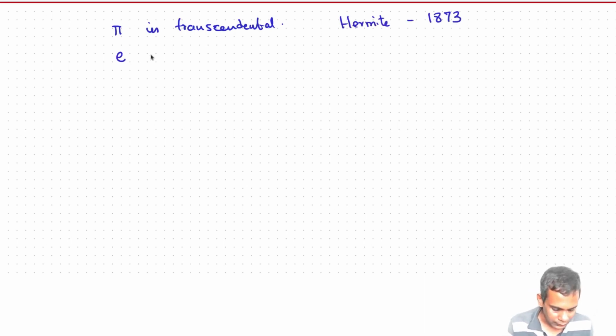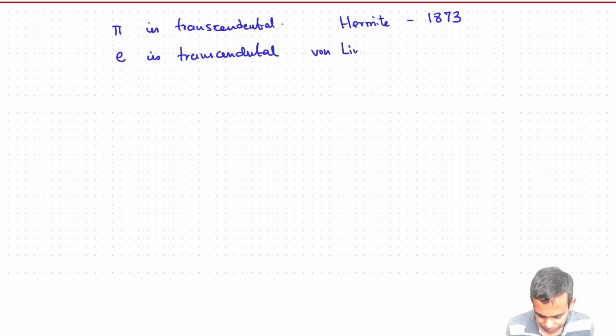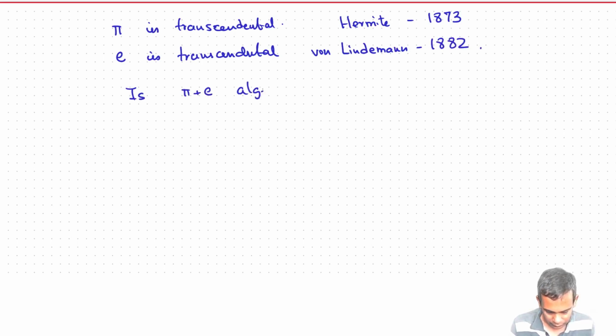Then Euler's constant e is transcendental, and this was proved by Lindemann five years later, in 1882. But to this day, it's not known whether pi plus e is algebraic or transcendental.